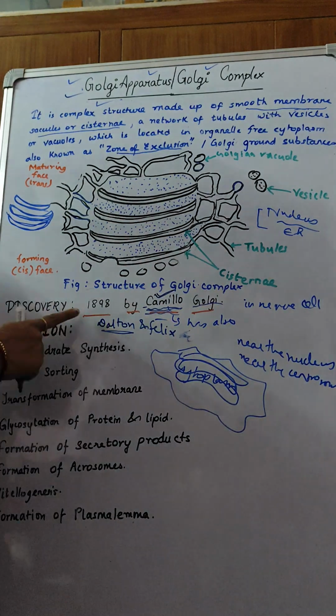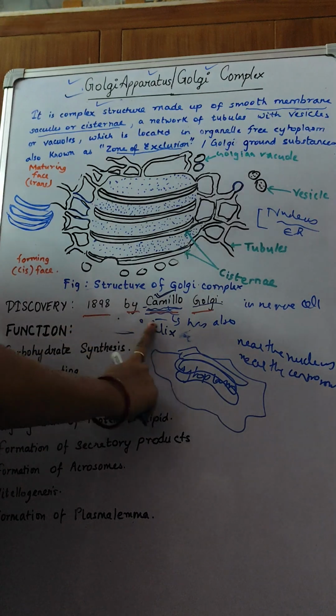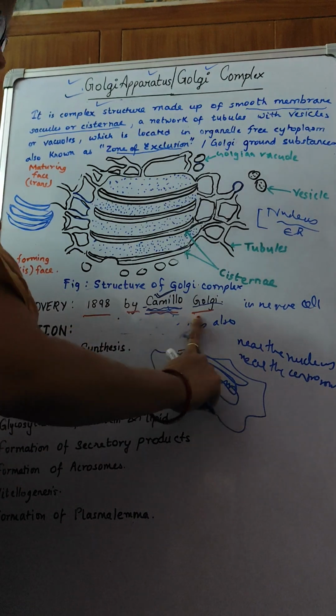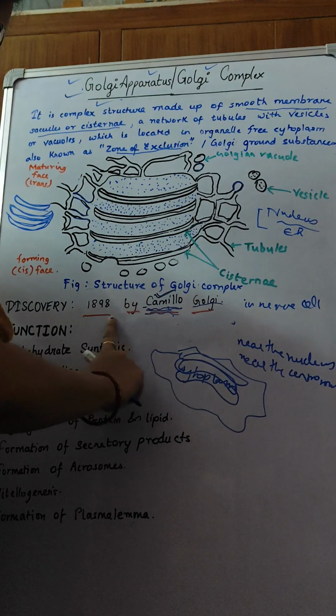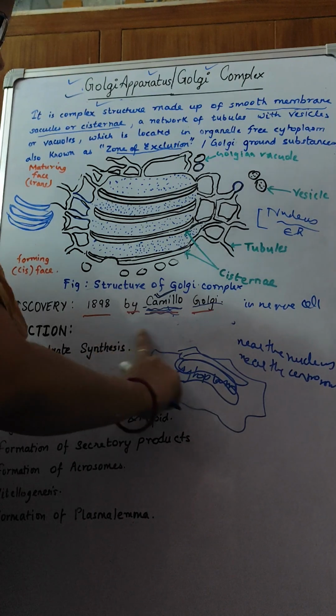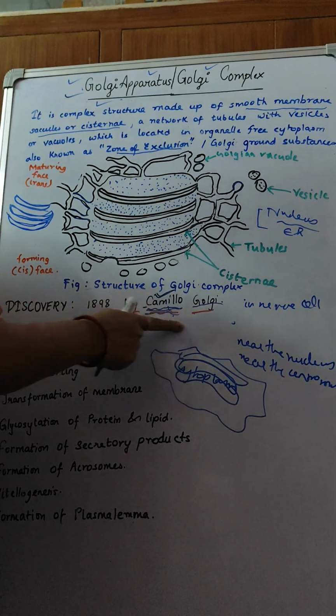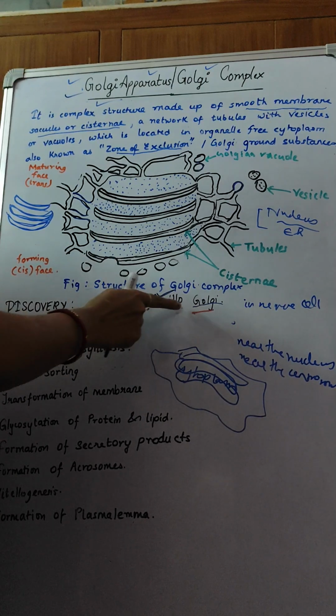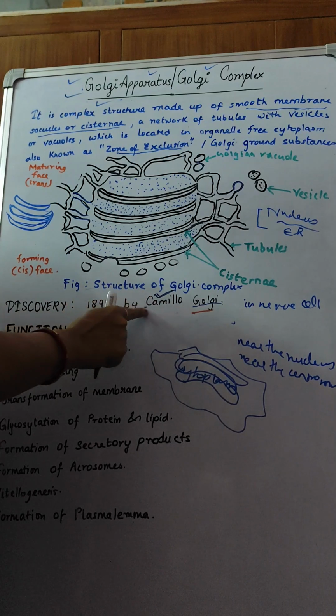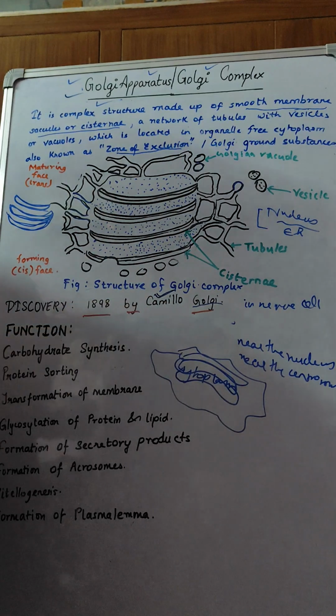In 1898 it was first discovered by Camillo Golgi, and before him in 1867 George had also observed this structure, but it was finally with evidence given by Camillo Golgi. He gave the description of the Golgi apparatus, so in honor of him the name is given.